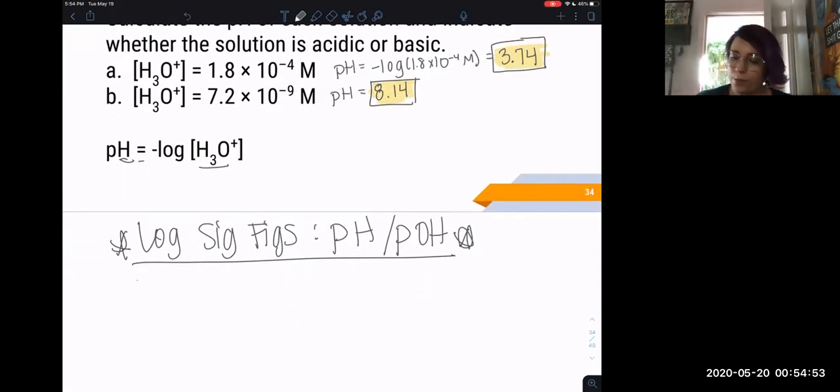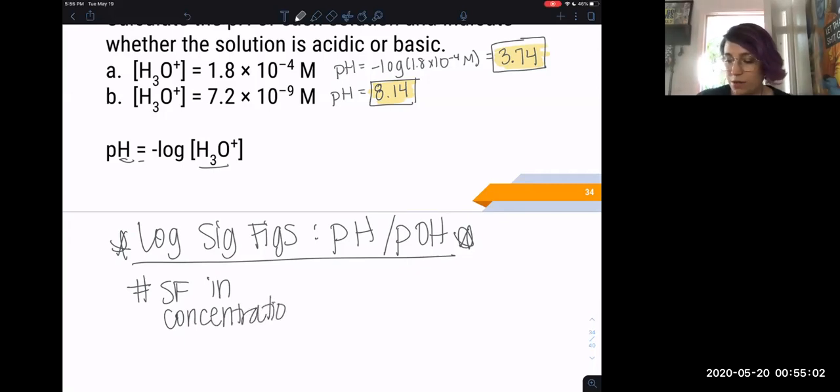The number of sig figs in the concentration, that's going to be your hydronium or hydroxide.